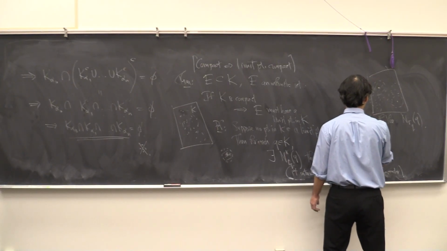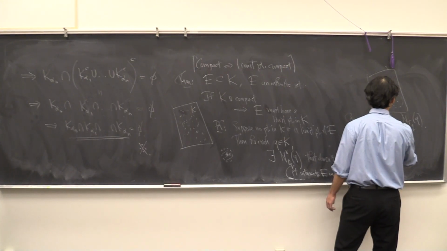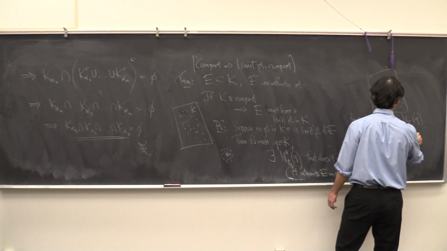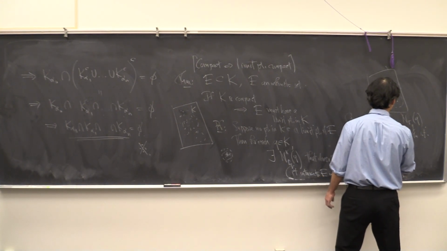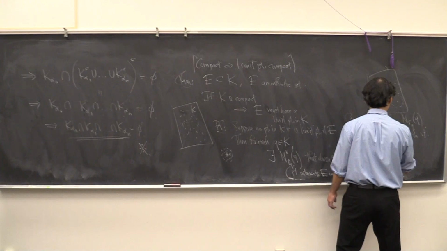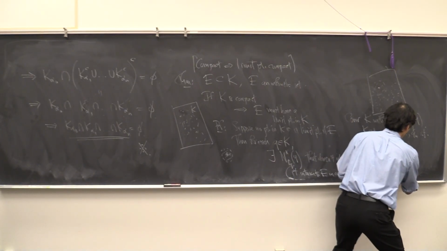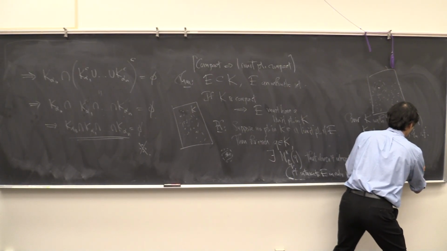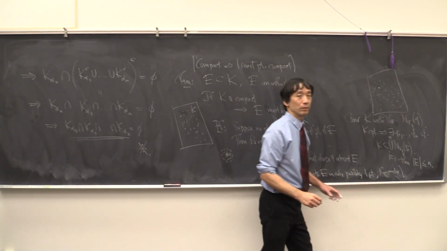K is compact, so there exist finitely many points q1 through qn such that K is covered by those finitely many neighborhoods. But then the number of points of E has to be smaller than the number of those points. Contradiction.